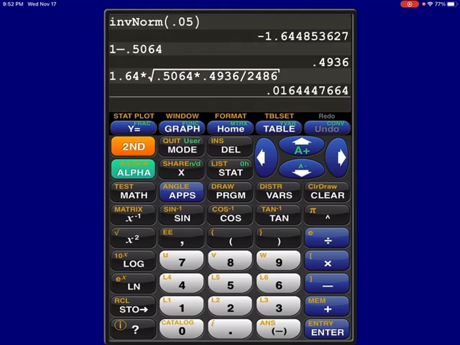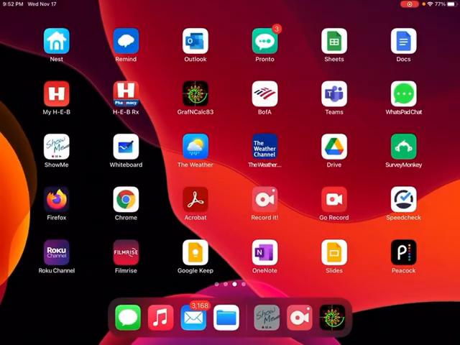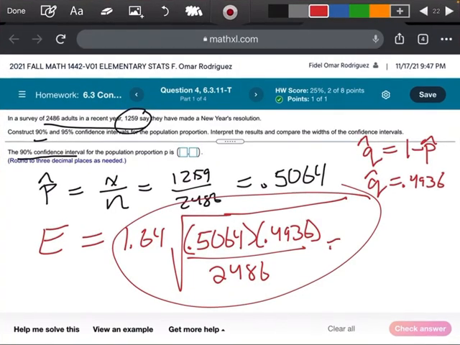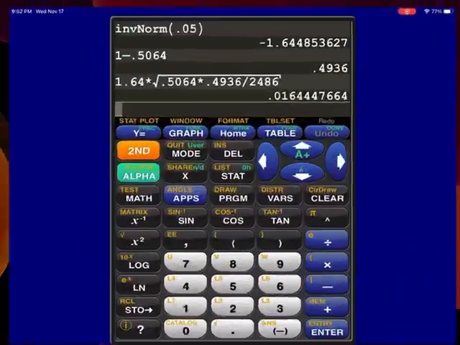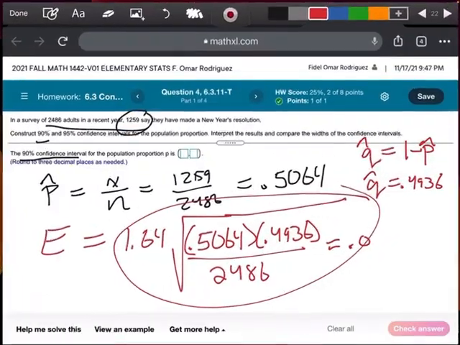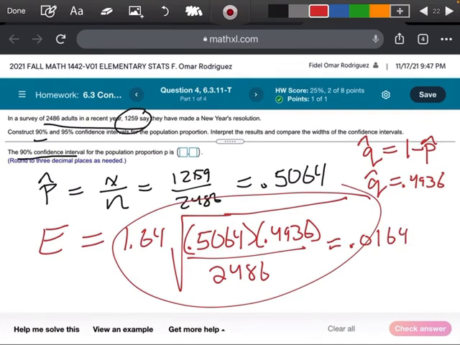And we're going to hit enter. I know I'm going to be going to 4 or 3 decimal places. I think that's what the directions say, but right now I'm going to write everything with 4 decimal places. So my error is 0.0, I think it's 164, isn't it? Yeah, 164.